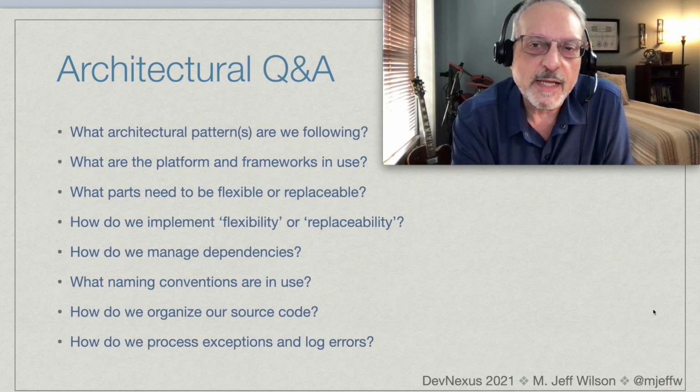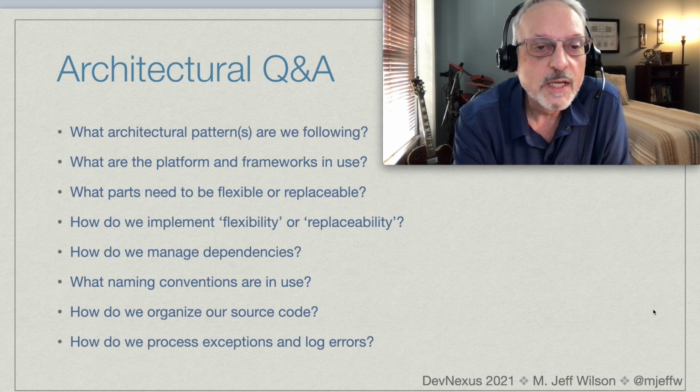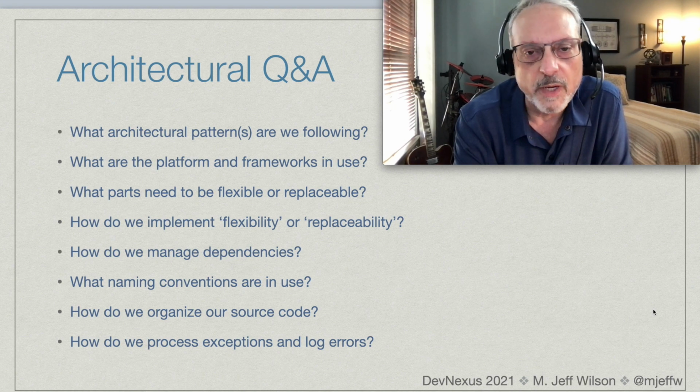If you were to sit down and try to define an application architecture and capture that as a document, you'd end up answering a lot of questions. Things like what kind of architectural patterns are we using? Is this a microservice or a monolith? What are the platforms or frameworks? Spring, are we using Hibernate?